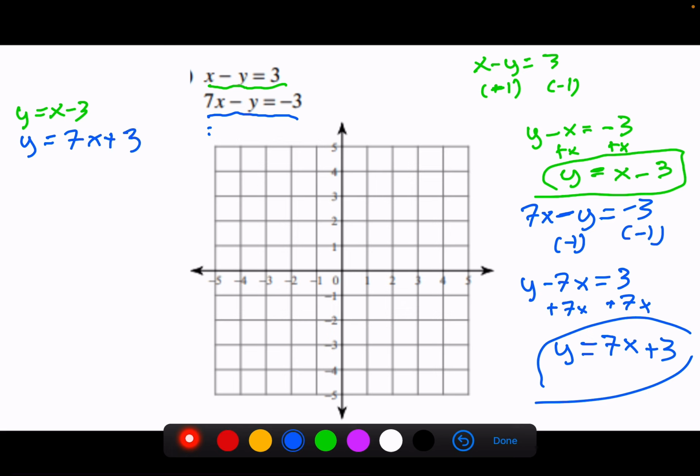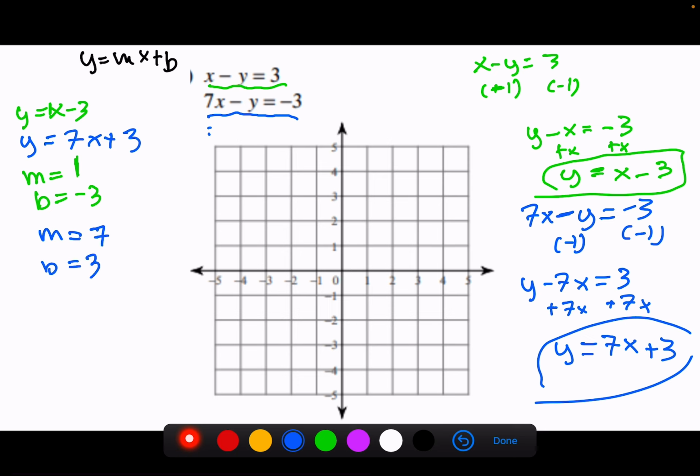So we know that m is the slope and b is the y-intercept in the form of y is equal to mx plus b. So let's find the slope for the green line. So m is equal to, we see a 1 here, so m is 1, and b is negative 3. And for the blue, I can say that m is 7, and b is positive 3.